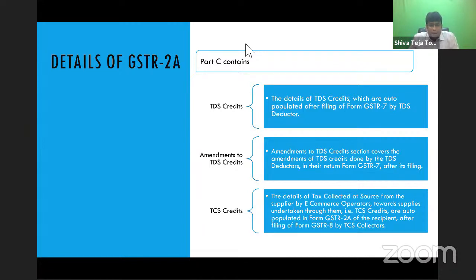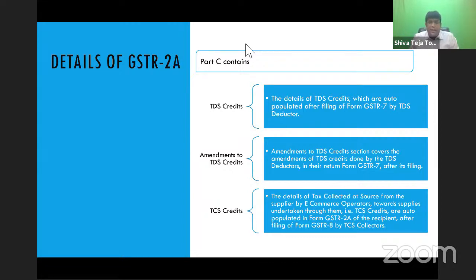One question from our friend. What is the effect of amendments? See, if the supplier has made any amendment in GSTR 1, that amendment will reflect for us in 2A also. And one thing is that if the amendment has the effect that you can take more credit, then in 3B, you can claim the balance credit now. But by any chance, because of an amendment made by the supplier, your credit is coming down, then in 3B, you have to reduce your credit for that particular month.